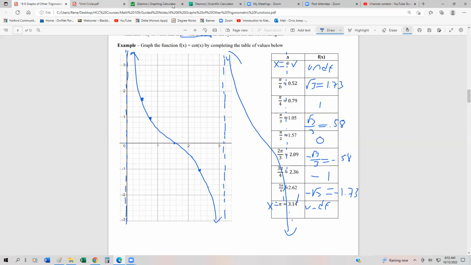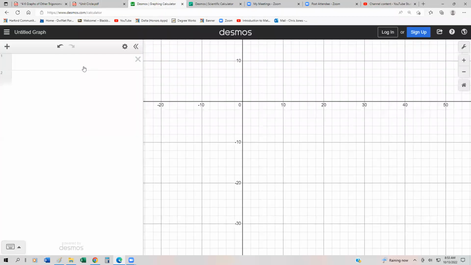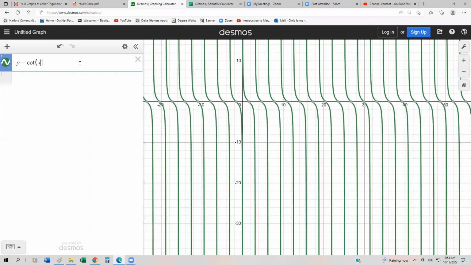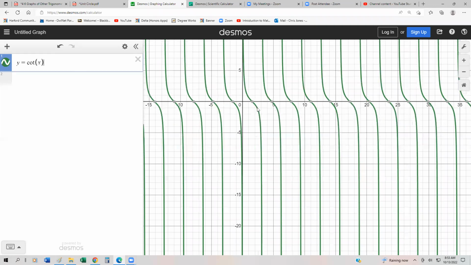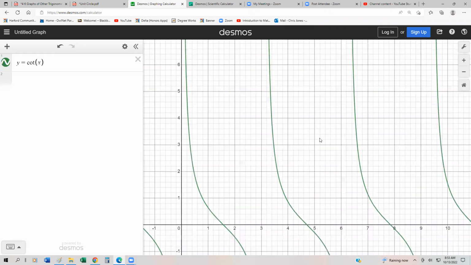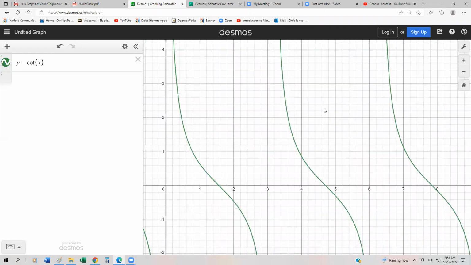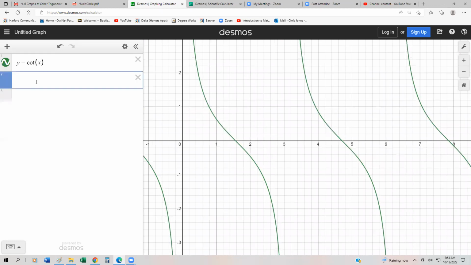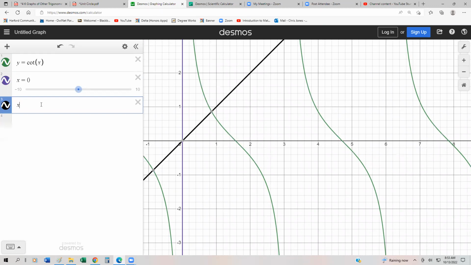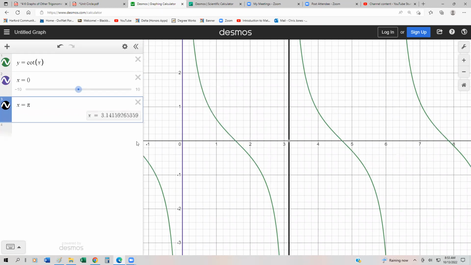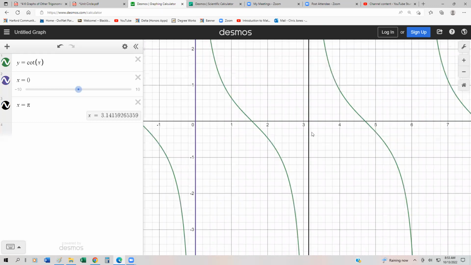So if we go to Desmos, and we type in y equals cotangent of x, and I'm going to zoom back in. I think I had zoomed out from a previous problem. And of course, we could plot those asymptotes. Remember, one was x equals 0, another one was x equals pi, and so that's exactly what we plotted.